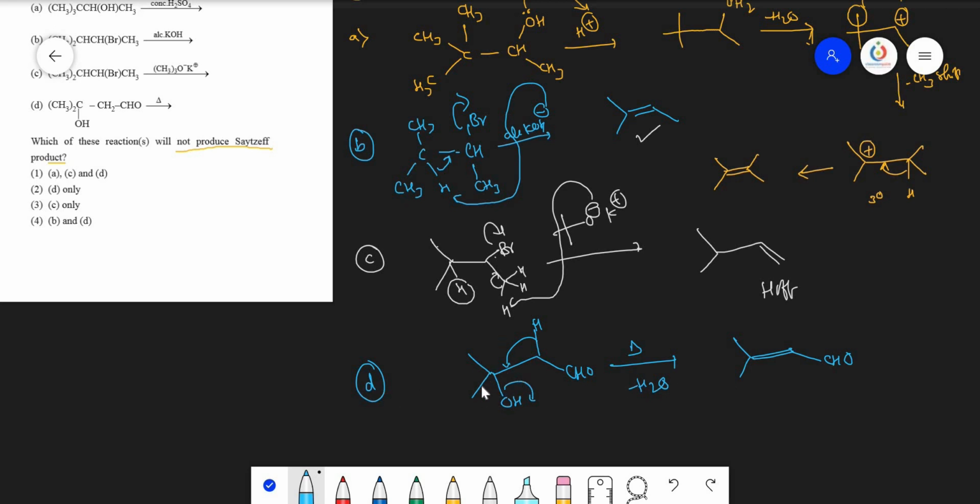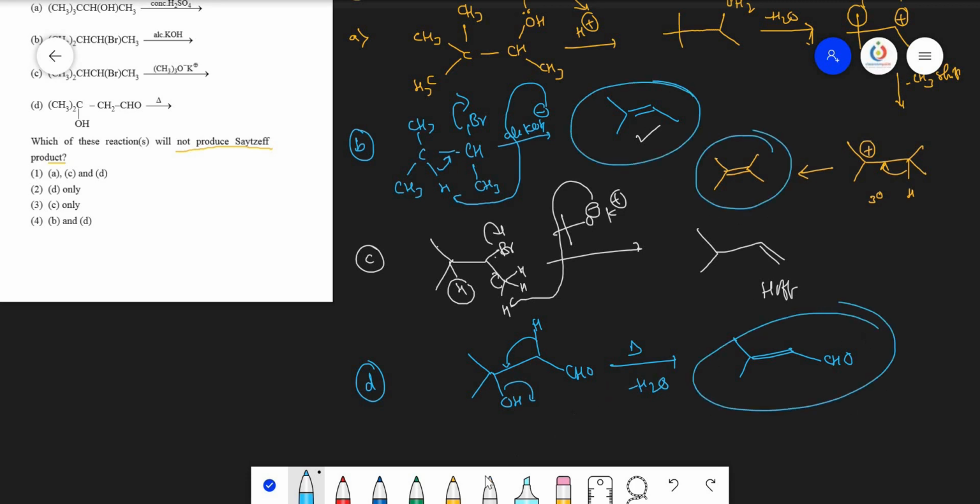So here also we get the most substituted alkene, so it is a Zaitsev product. So this is a Zaitsev product, this is a Zaitsev product and this one also is a Zaitsev product. The only one that is not a Zaitsev product is this one, which is a Hofmann product. Hence, C is the only one that is not producing the Zaitsev product. So option 3 is correct.